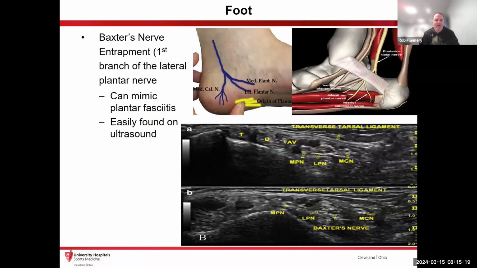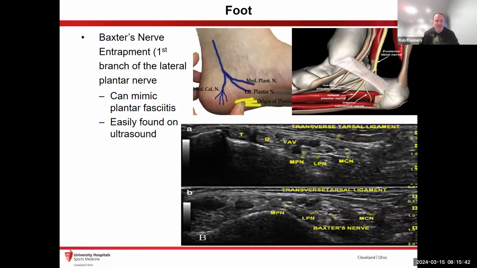Baxter's nerve, this is one that does get named, at least whenever I've seen this on tests, they will use the name, but just remember it's the first branch of the lateral plantar nerve. It can mimic plantar fasciitis as it comes down.